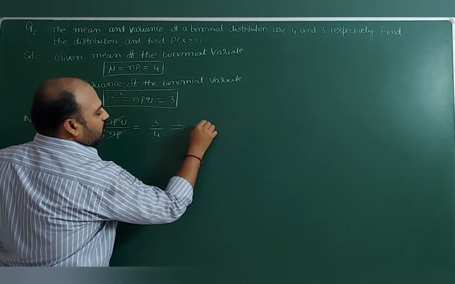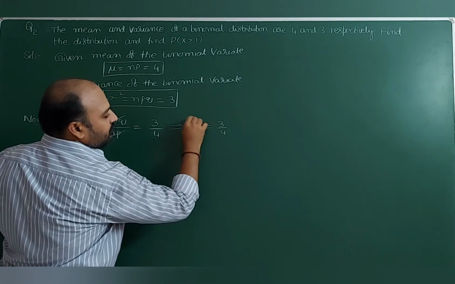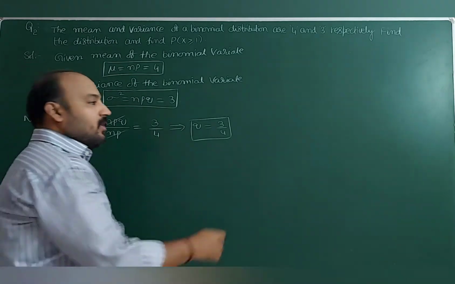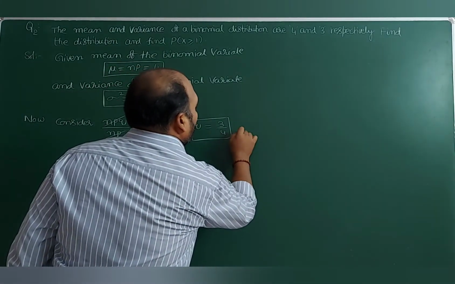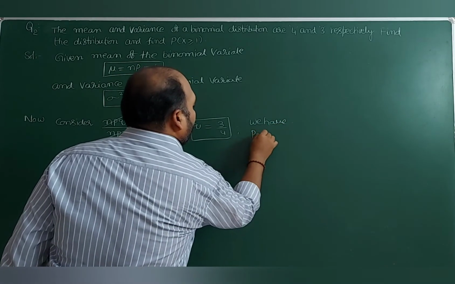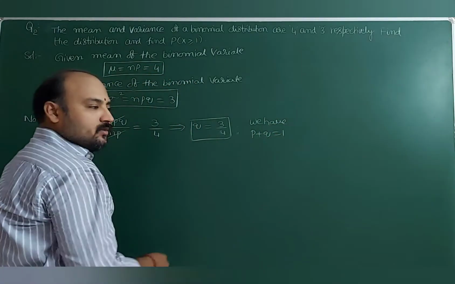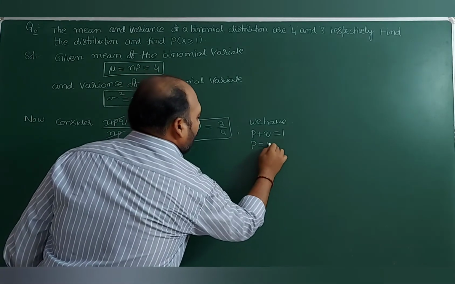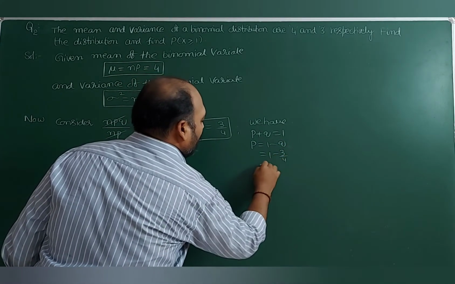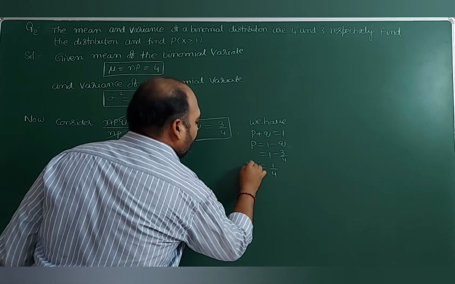That implies that q is equal to 3/4. As we know that p plus q is equal to 1, q equal to 3/4 means p plus q is equal to 1. So p equal to 1 minus q, 1 minus 3/4, which is equal to 1/4.